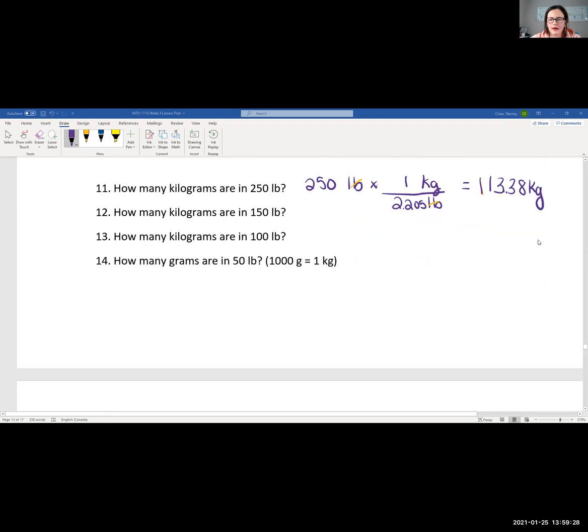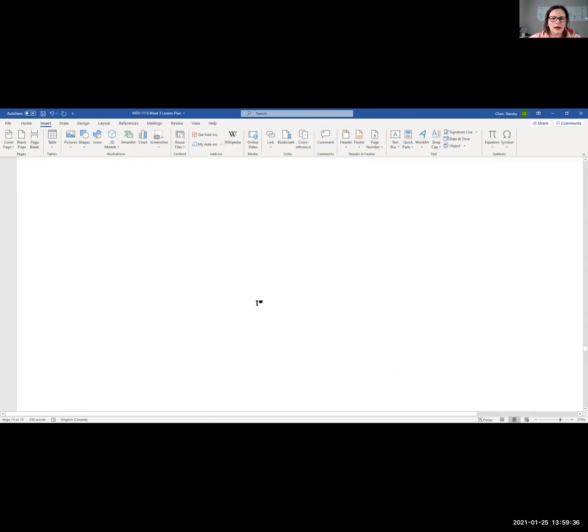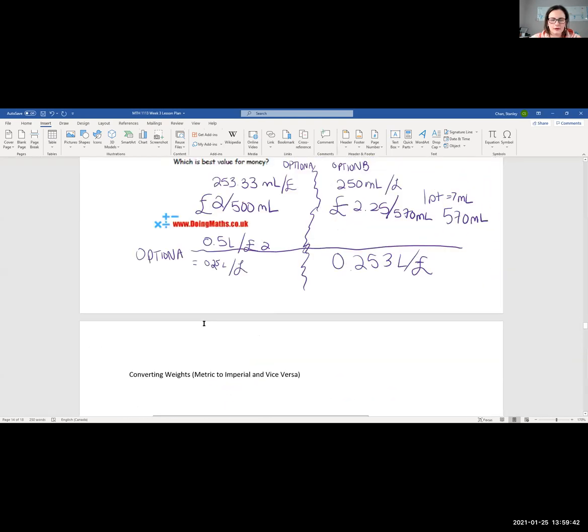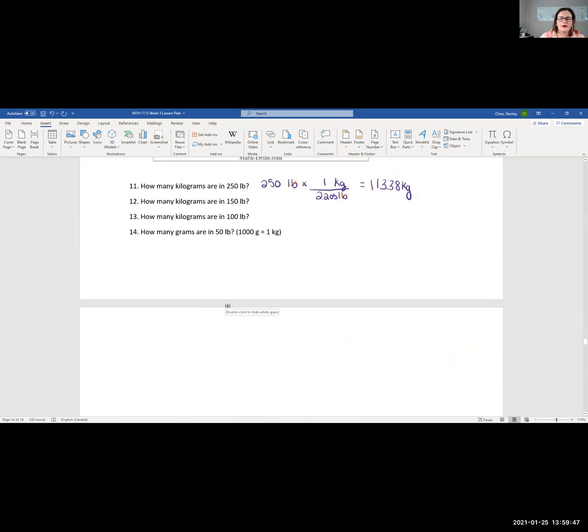Okay. I could actually explain this a couple different ways. Here, let me zoom back out. Okay, so what's going on here is you could say how many kilograms are in 250 pounds.